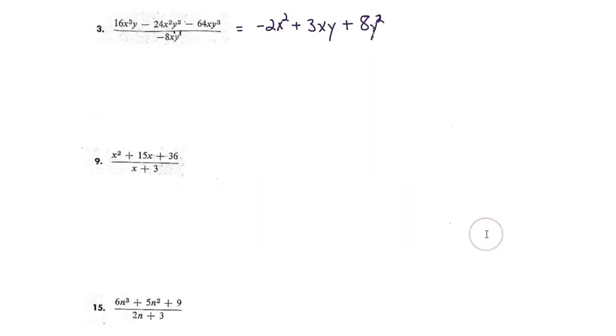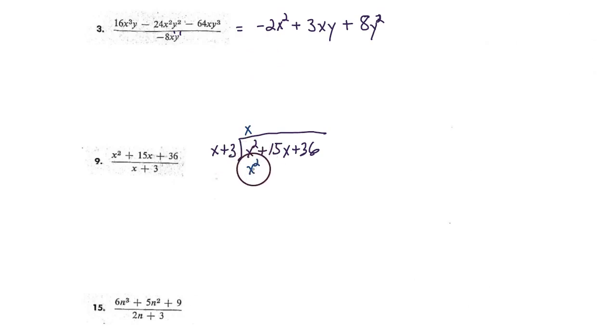Okay, number 9. We're no longer dividing by a monomial. This is where we learned about long division. So we're going to take x plus 3 and divide it into x squared plus 15x plus 36. X times x makes x squared.